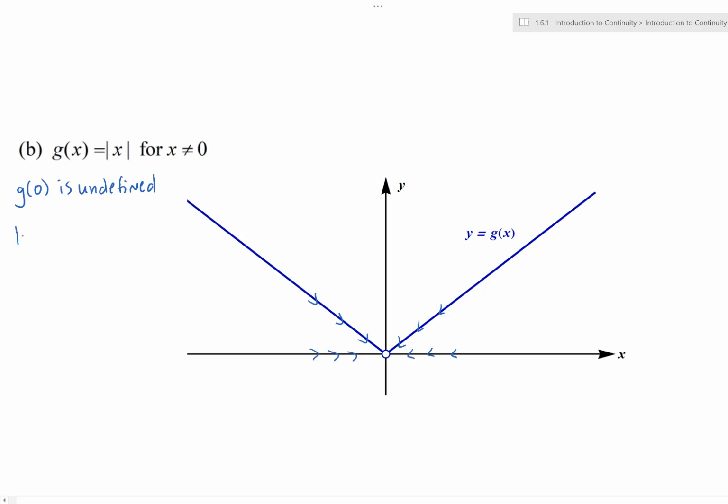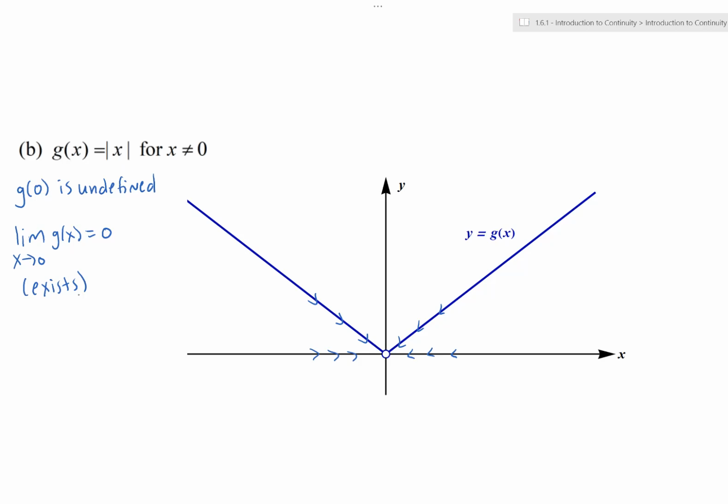So we can write the limit as x goes to 0 of the function is 0. And it exists, right? Compared to the last one, where the limit didn't exist and it was undefined. In this case, the limit exists and the function is undefined.